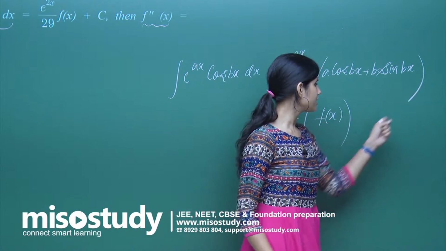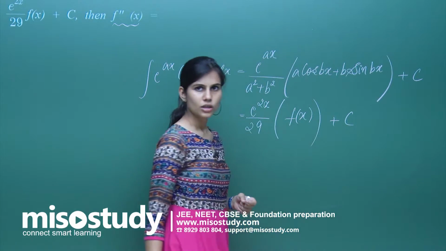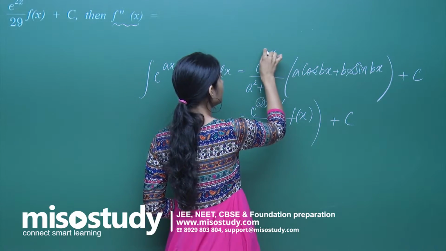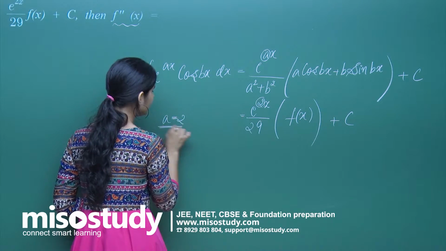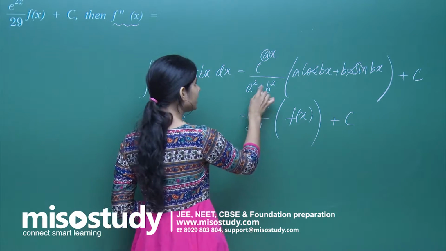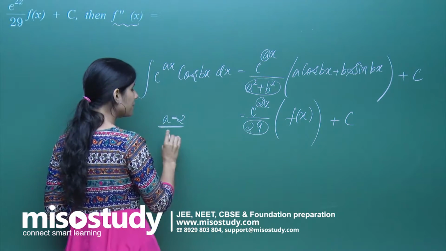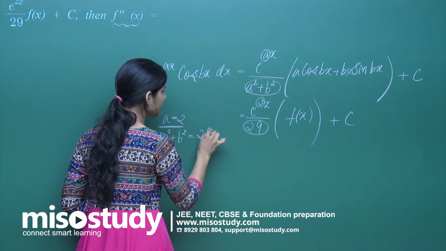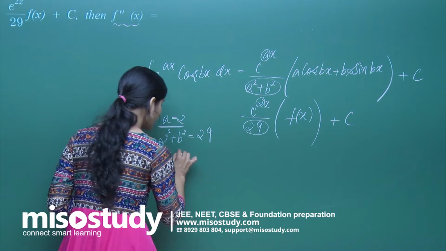Obviously plus c is going to come in both places. If you compare both these expressions, clearly a is 2. Also a square plus b square is 29. So 2 square plus b square is 29, b square is 29 minus 4, that is 25, so b is 5.